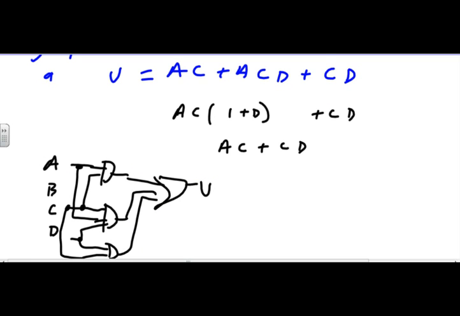Okay. And then I'm going to do the simplified one, A, C, D. I don't need the B anymore. A, C, D, C, OR.